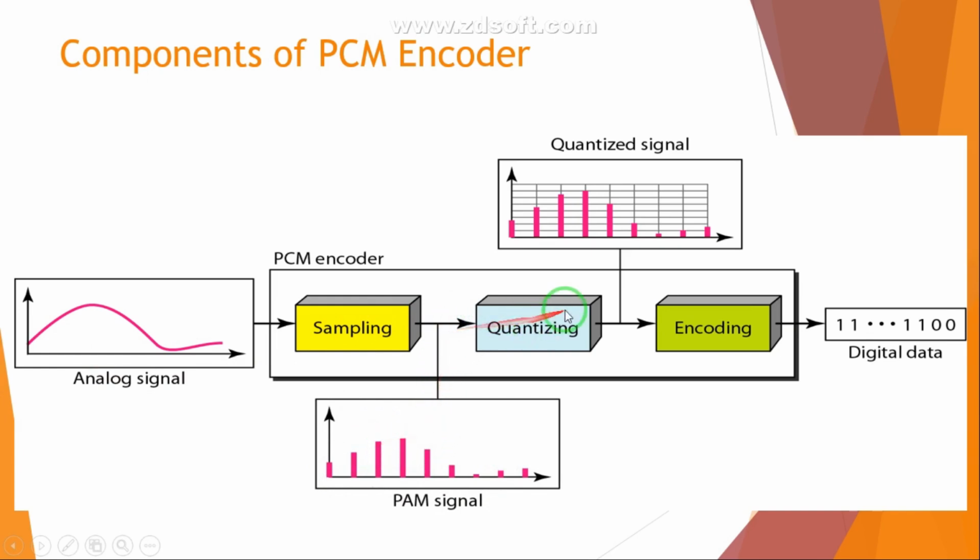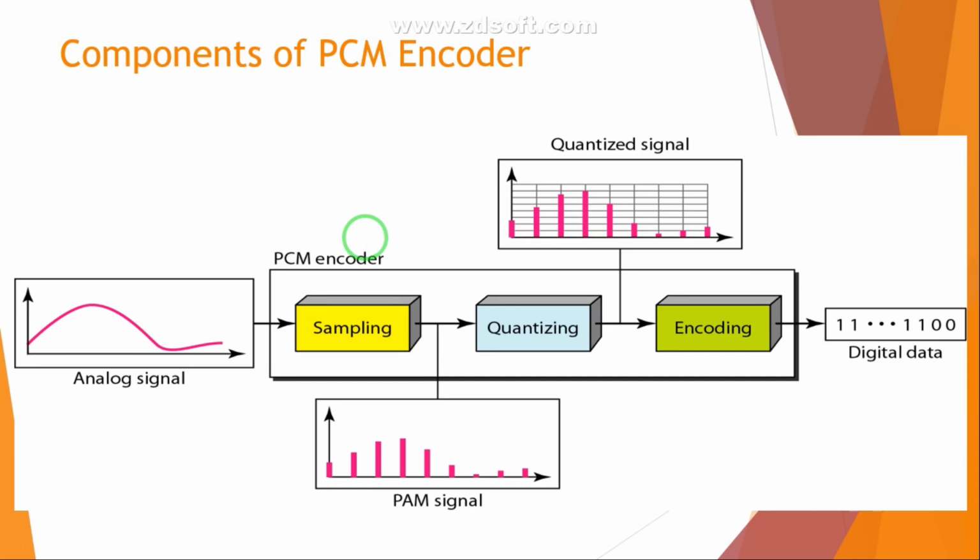This is given to a quantizer. What is the quantizer going to do? It is going to assign the values to a particular window in which they fall. We would see this quantization. Basically there are 2 types, uniform quantization and non-uniform quantization.